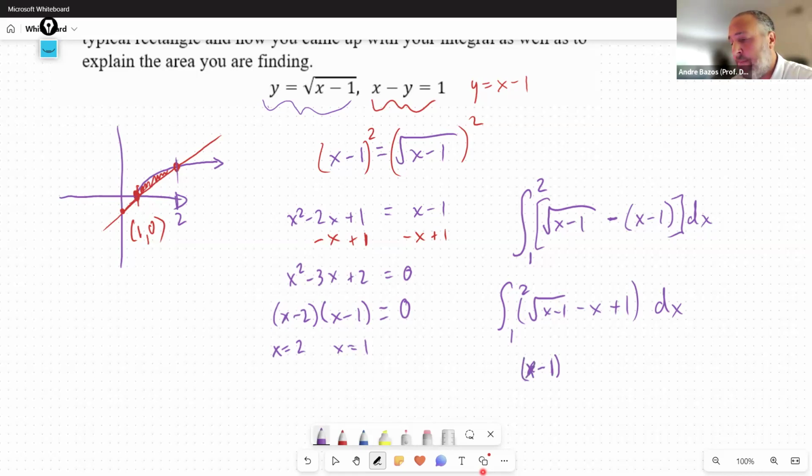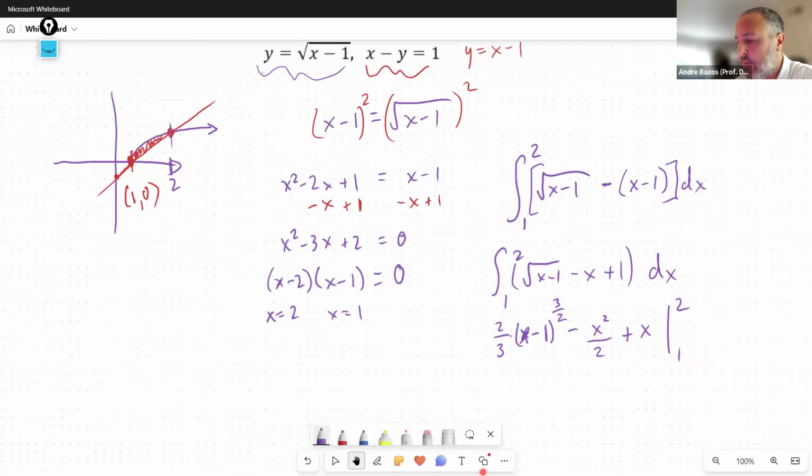To the 1/2 power, we are going to raise that up by 1 to make it 3/2 power, and we'll divide by 3/2 power or multiply by the reciprocal, which is 2/3. And then we get minus x squared divided by 2 plus x. And we're going to plug in 2 first and go to 1.